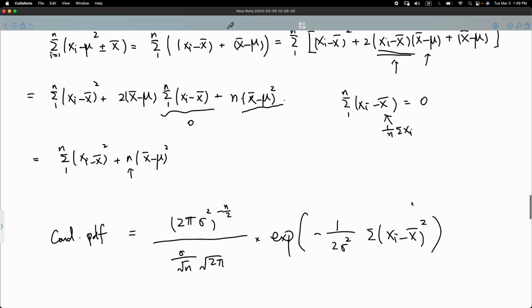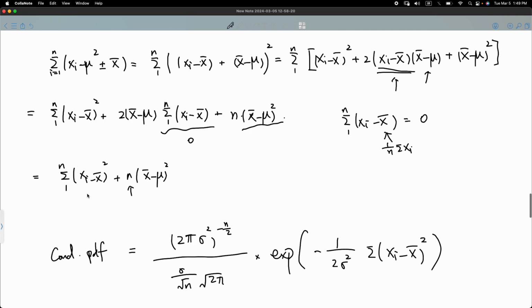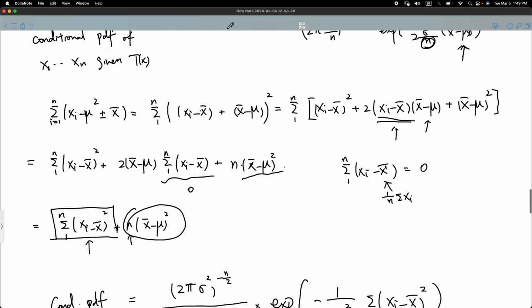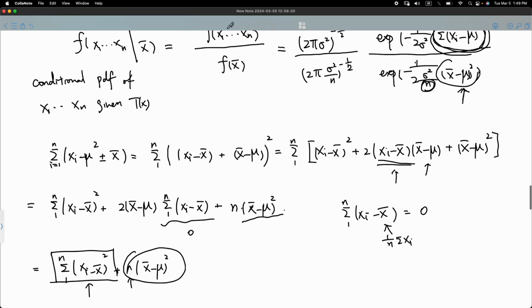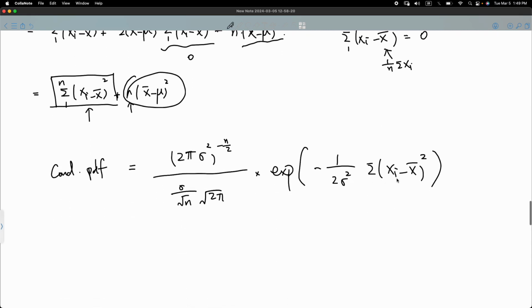Okay, so as you can see, only involving this one here. So the second term, let's say the one that I circled here, when you plug in, will cancel out with this one here. So only the summation of xi minus x bar squared remains, which is coming from here.